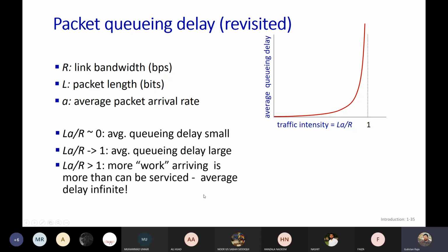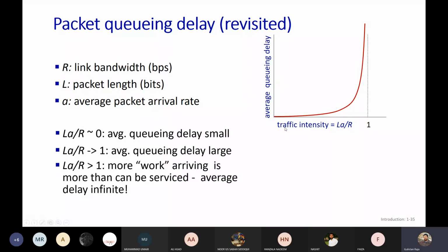Now if LA by R is approximately 0, practically not 100% equal to 0, we are only saying approximately 0 means it is small. This delay is small, because your average packet arrival rate is small. L by R का तो आपको पता ही है. So if it is small, then you have a structure like this.